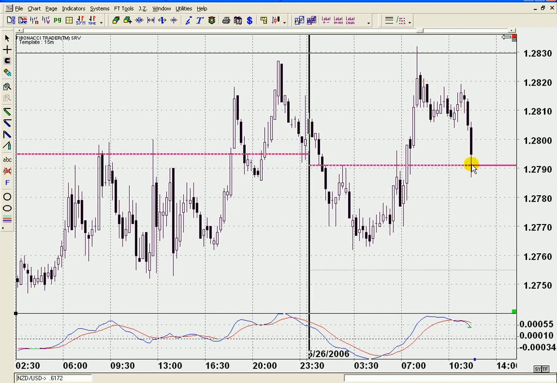So it comes down and fills us. All right, this could be the second attempt, or we may see price continue to play with this 28.30 level. But there is a trade right there. There's your first trade on the day.